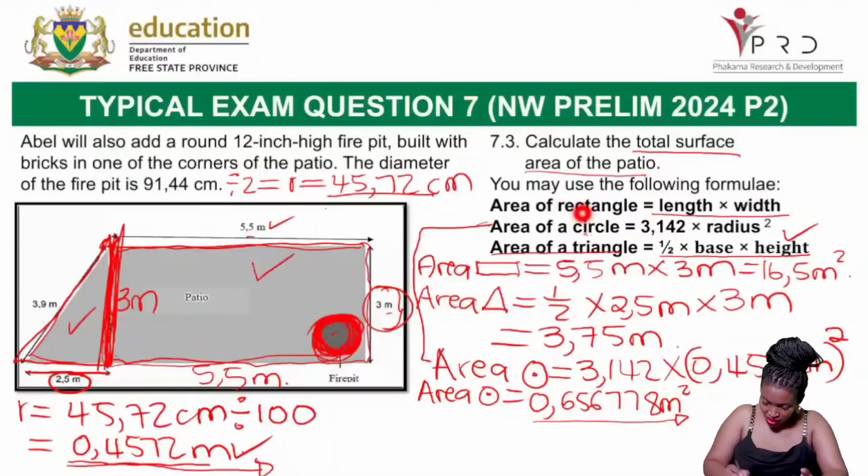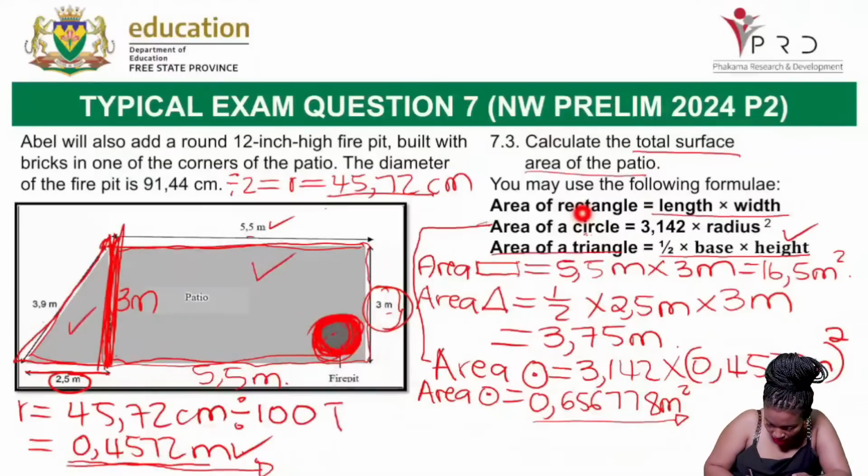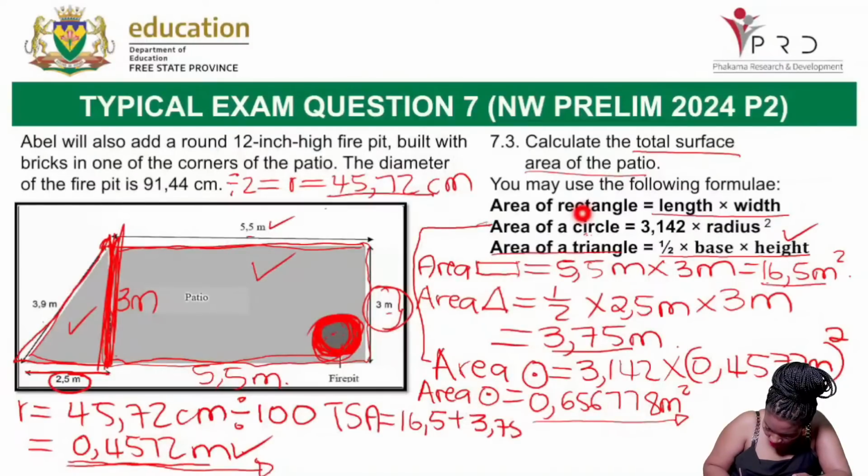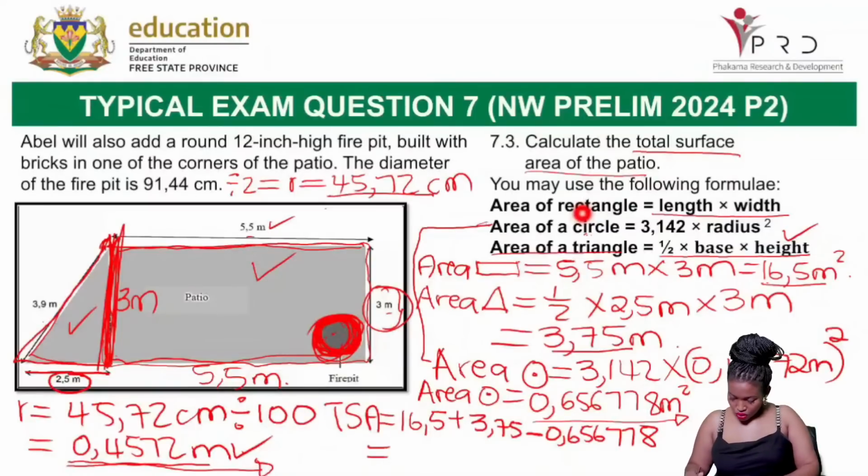I hope you understand. So I will say the total surface area equals the area of the rectangle, 16.5, plus area of the triangle, 3.75, minus area of the circle, which is 0.656778. So the total surface area, let's do it together.